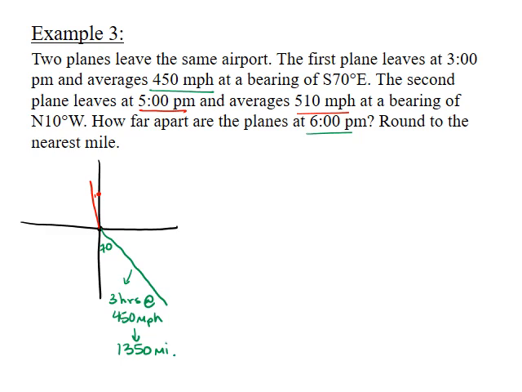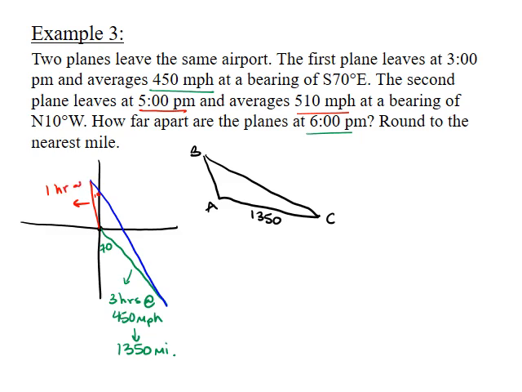Okay, so that side, let's just sketch this here. I'll call this A, B, and C. So this is 1,350. Okay, now we want to do the same thing over here, this side. This is just 1 hour from 5 to 6, and that's traveling at 510 miles per hour, so this is 510.